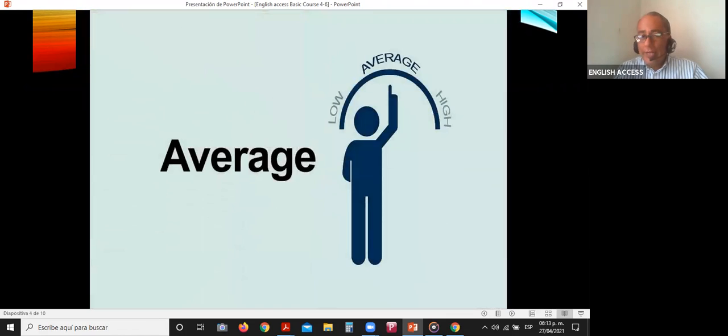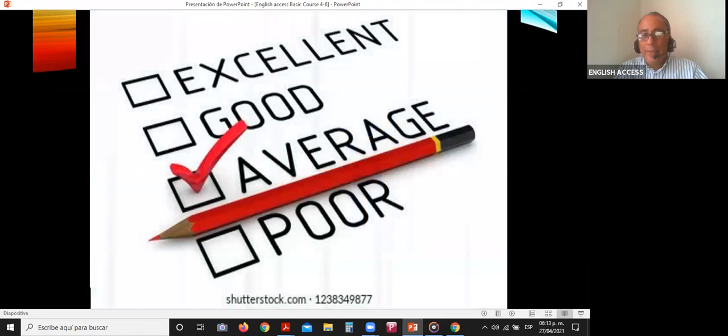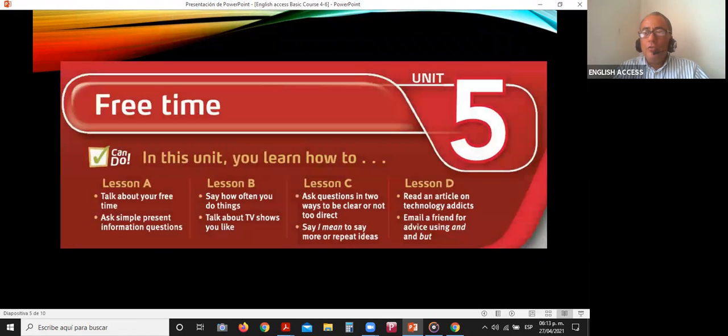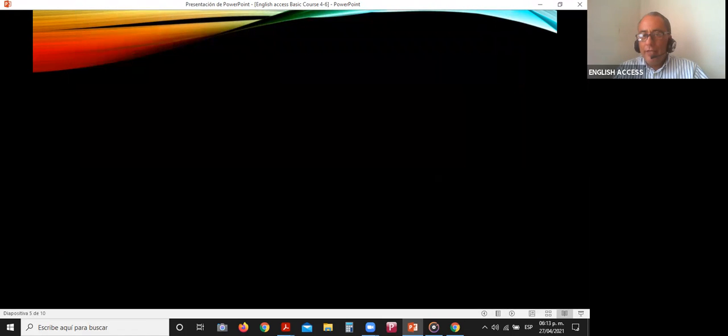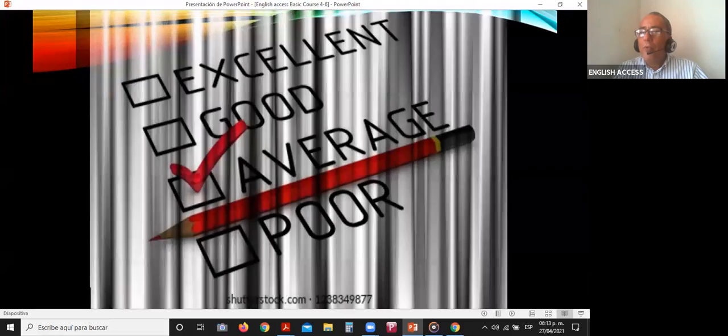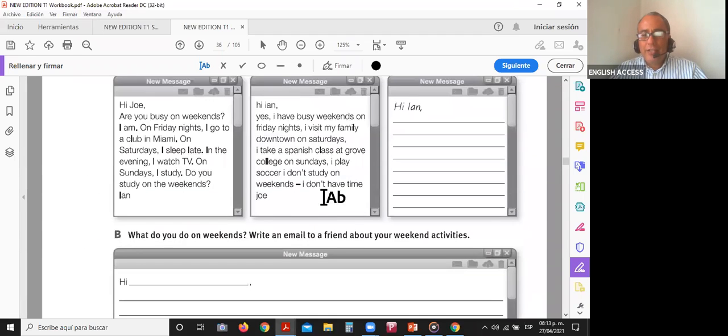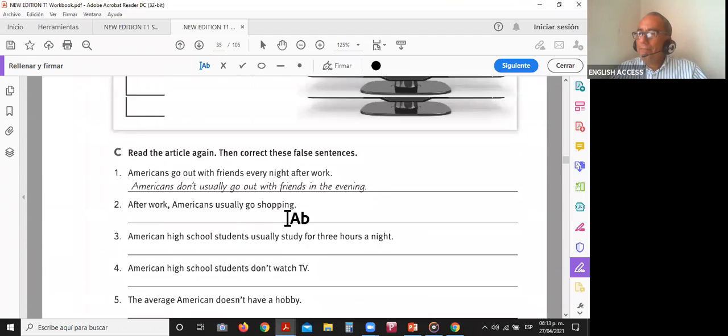And a new word that is average means promedio. Tomorrow we are going to continue also with unit number 5. Please try to practice on the workbook with the activity that I told you here. And we check this one tomorrow, okay?